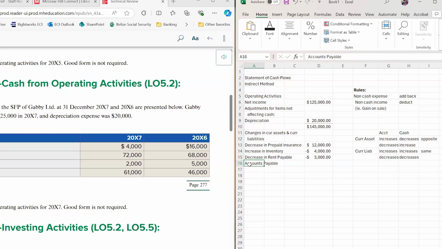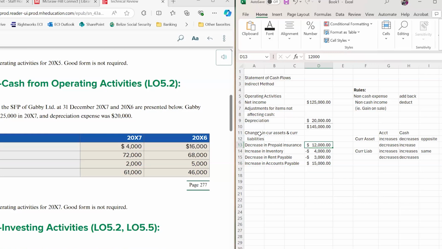Then in AP, what happened? Well, we had an increase in accounts payable. Again, if that went up, that means cash went up. We paid vendors less, so we have more cash on hand. And you can do it as a formula in here too. 61,000 minus 46,000. And there we go, 15,000. So hopefully this example shows you how to do cash from operating activities.